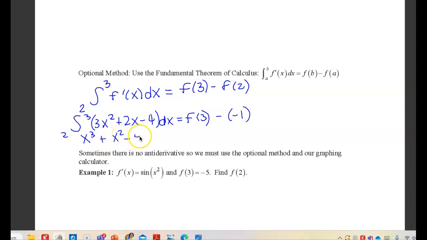And then minus 4 becomes minus 4x. And my dx goes away, my integral goes away, and I'm evaluating from 3 to 2. I'm also going to take that plus 1 from the right side and subtract it to the left side. So I'm equal to f of 3, which is really y of 3, which is what I'm looking for.